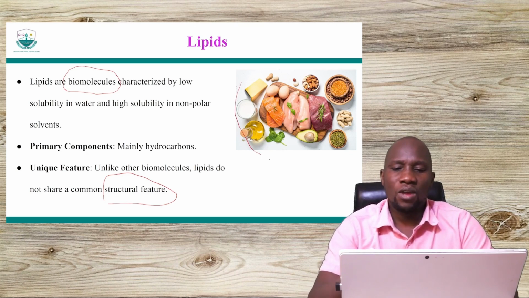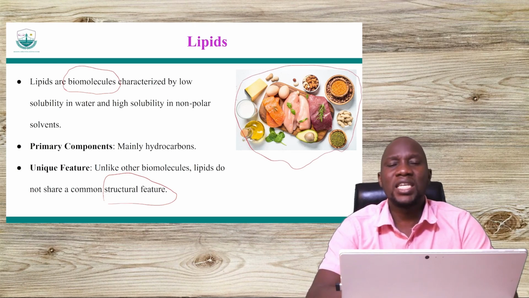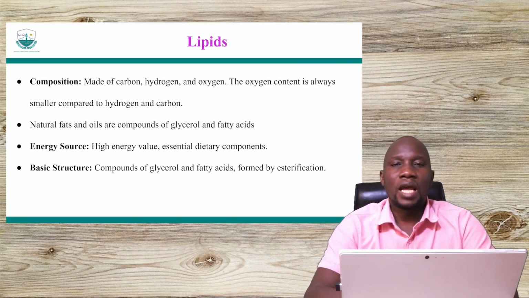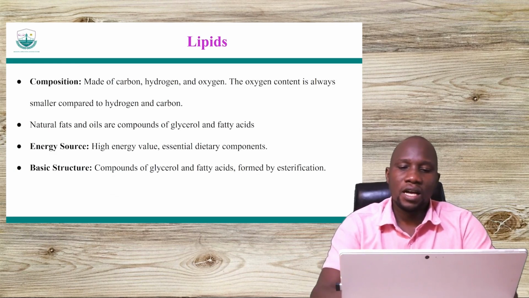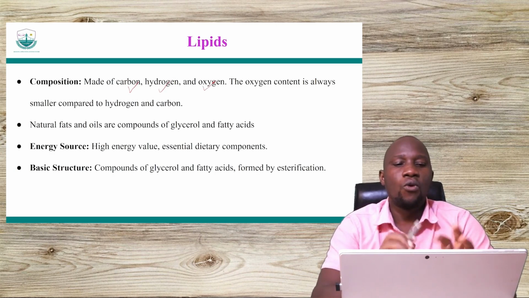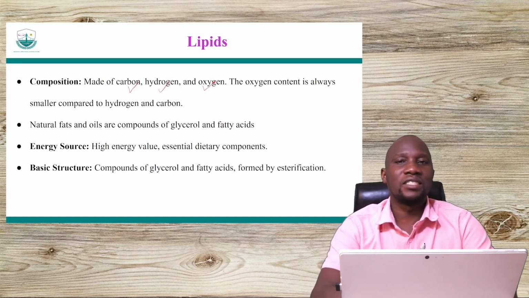And here we have indicated sources of lipids. They can be plant-based sources, or animal-based sources of lipids. Like all the other macromolecules, lipids contain carbon, hydrogen, and oxygen. What defines them is the proportion of these elements.